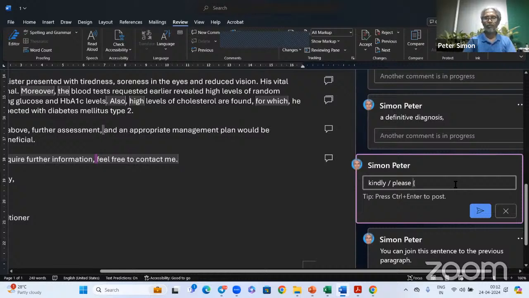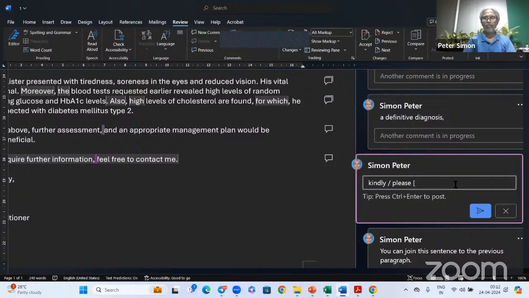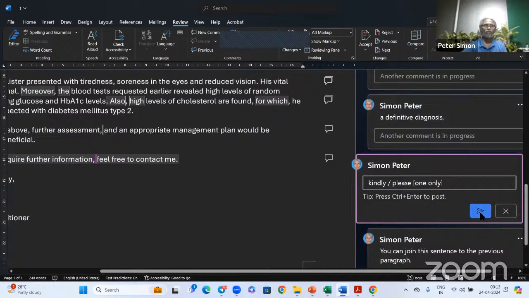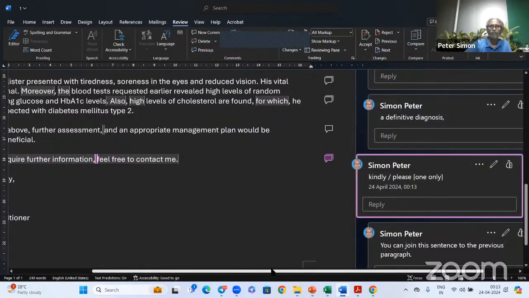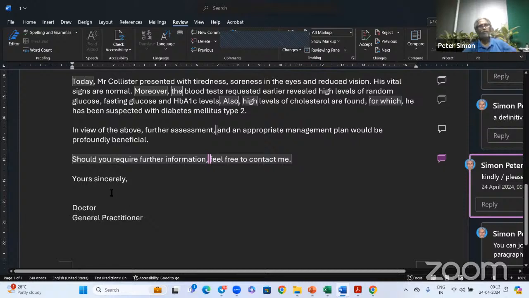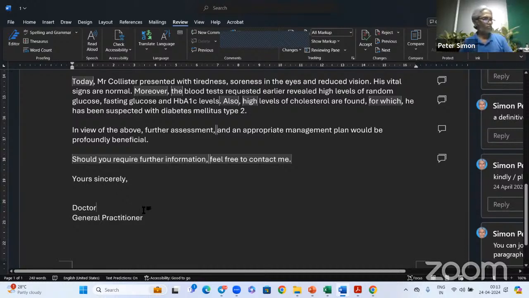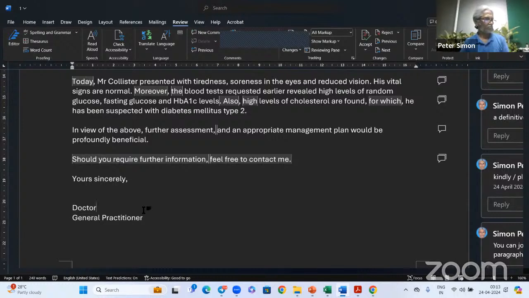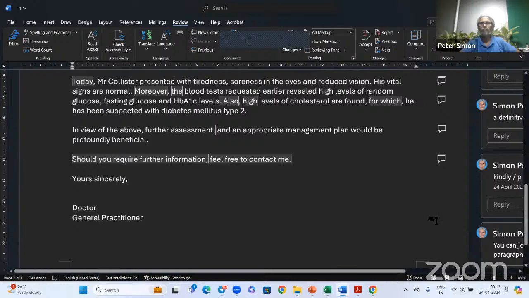Some people will use two options if I don't mention; use one only. Here, sincerely, leave two lines, and general practitioner.